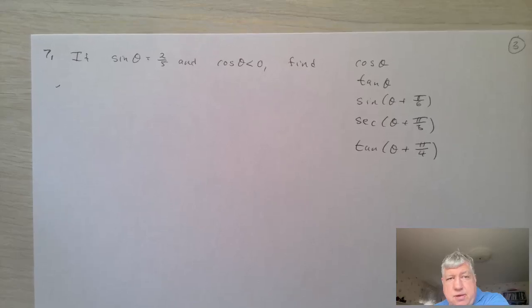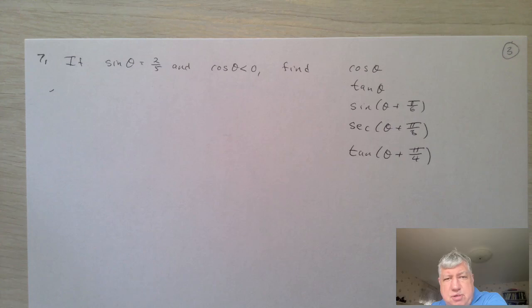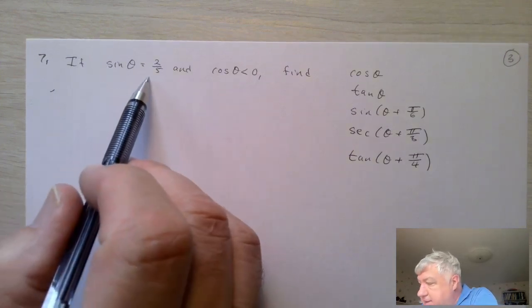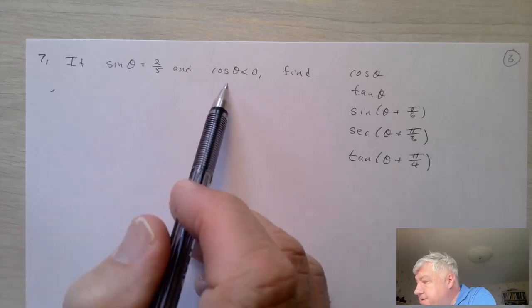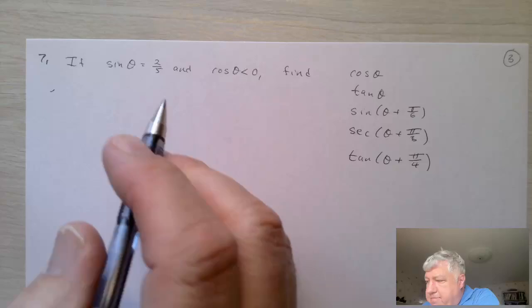here this is a problem that starts out easily enough where we give the value of one trig function and some other information, and then we try to find all these other trig values, but this time we're doing it with different angles. So here we have the sine of theta is 2/5 and the cosine is negative. So we can use the fundamental identity as we have before.